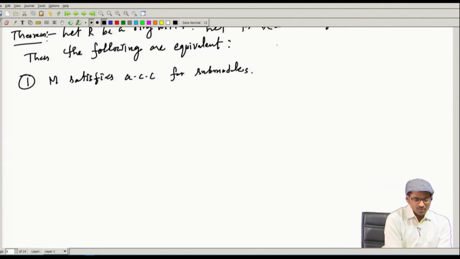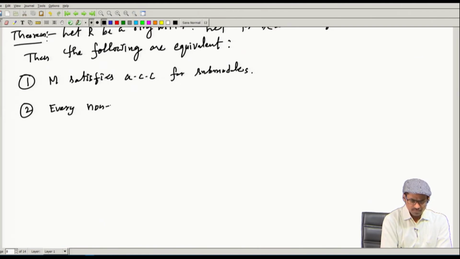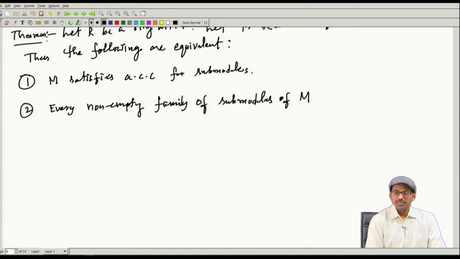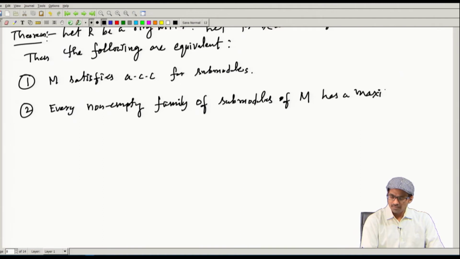The second is equivalently saying that every non-empty family of submodules of M has a maximal element.